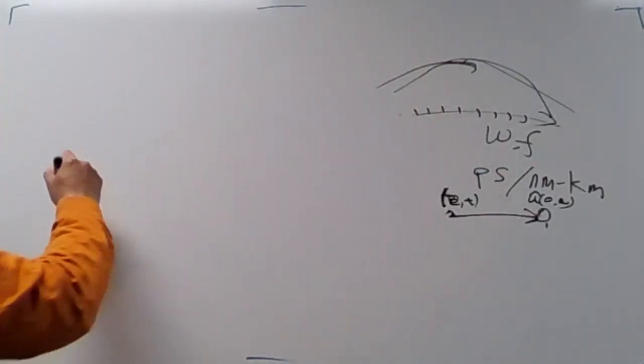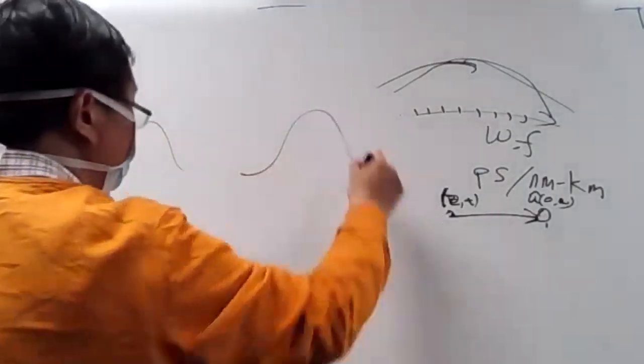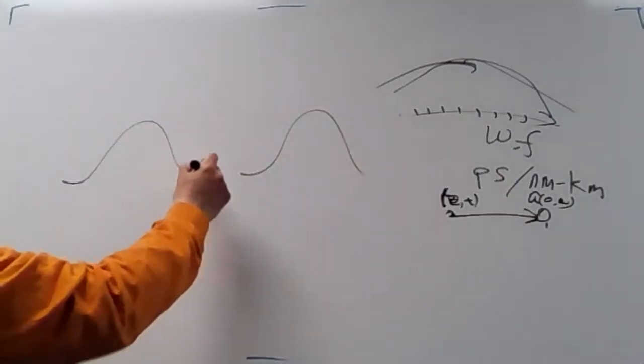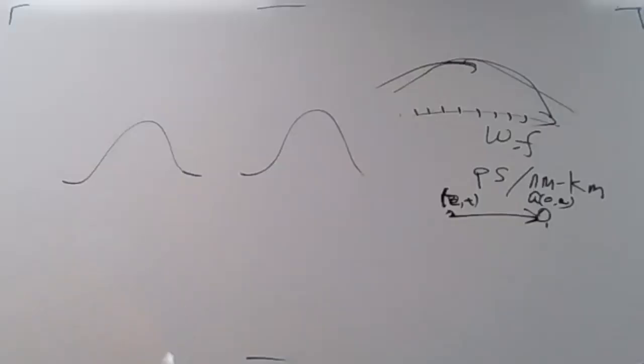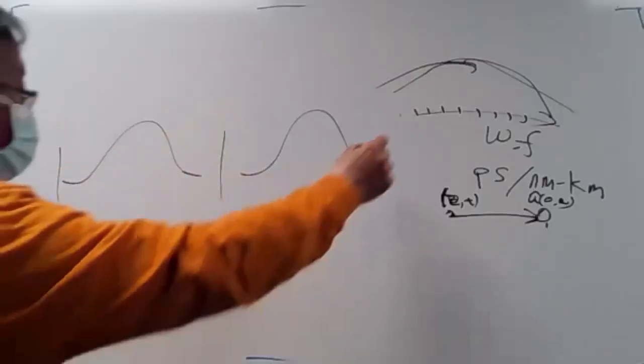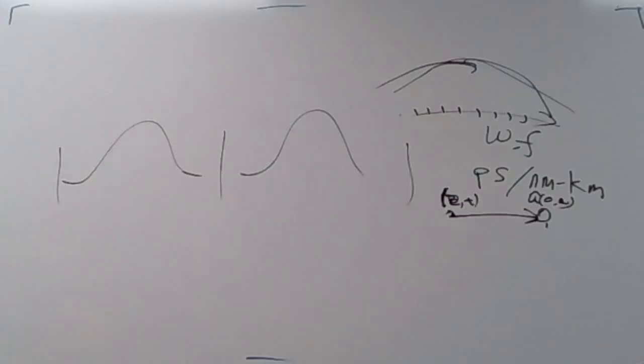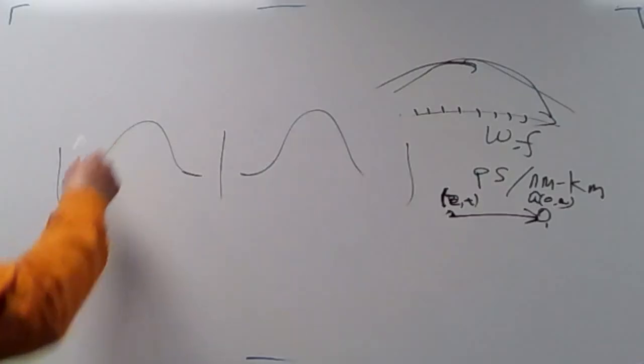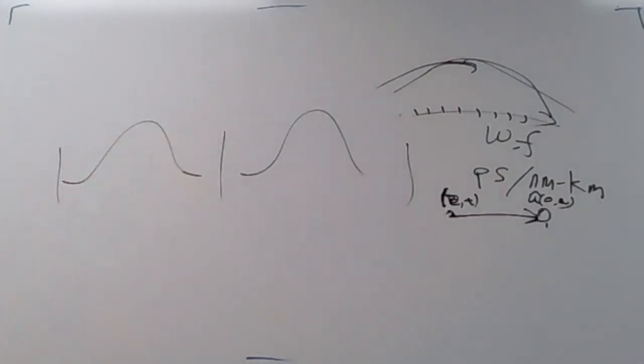In the first problem, you have aliasing. In other words, when you take the Fourier transform, it's all periodic signal. We just look at this in the time and frequency domain.